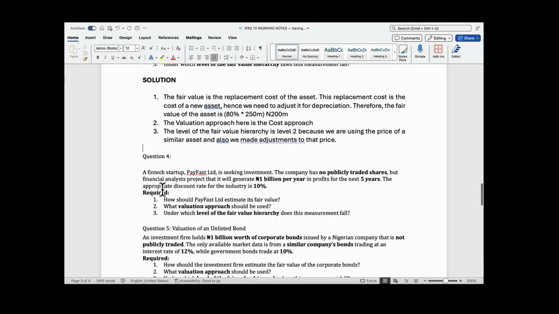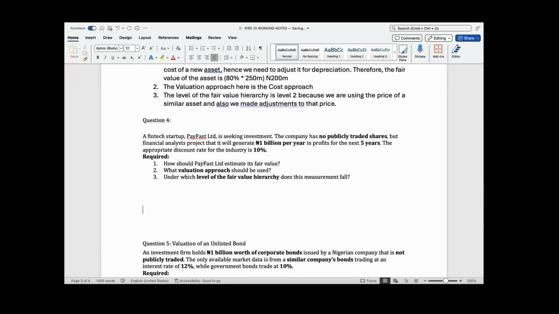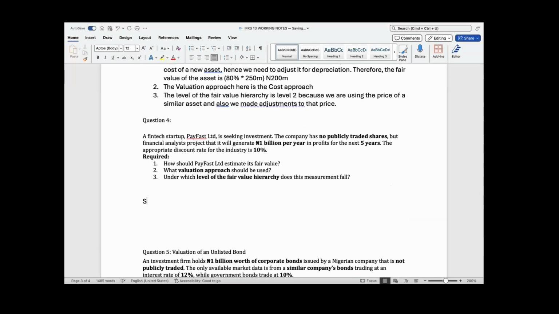Let's go to question 4. Who will read question 4 to us? Fintech startup PayFast Limited is seeking investment. The company has no publicly traded shares, but financial analysts project that it will generate 1 billion naira per year in profits for the next 5 years.